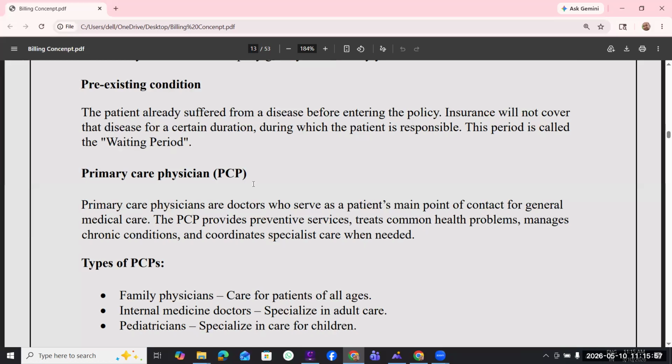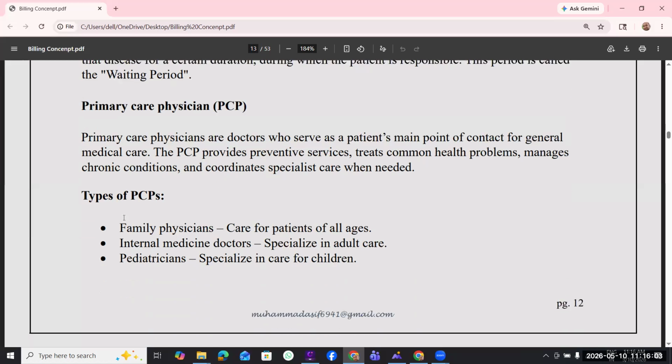A PCP is compulsory for every patient taking insurance. Types of PCPs: family physician, who cares for patients of all ages; internal medicine doctors, specialized in adult care; and pediatricians, specialized in the care of children.